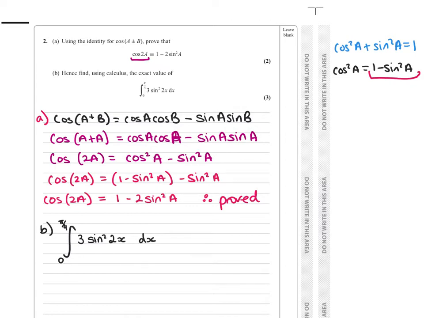Okay? Now we know that sine squared x with respect to x. What do we know that is? What could we use from earlier that's going to help us with this?